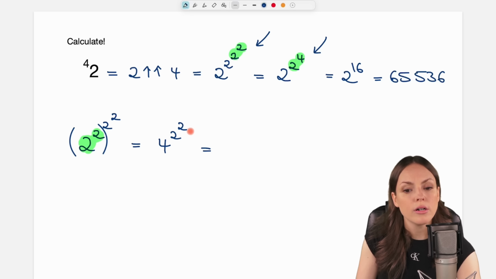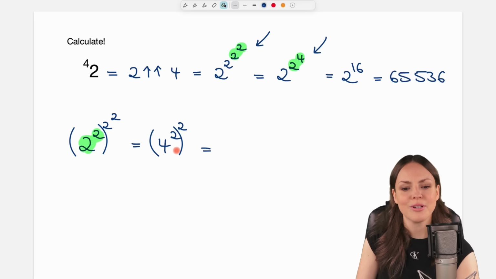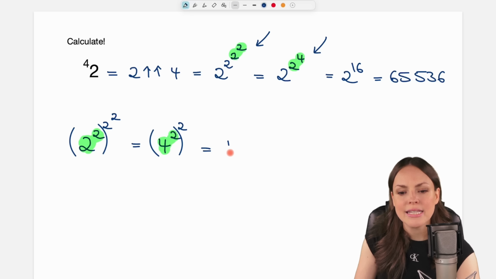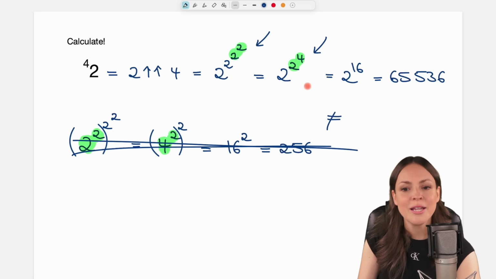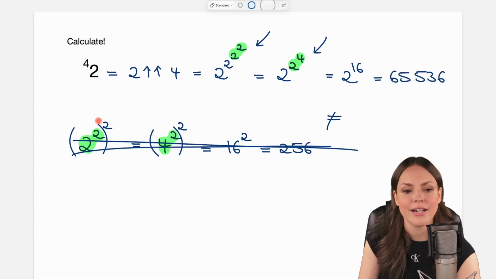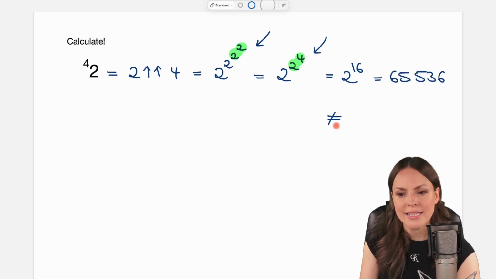Then you have a new power tower, but you started from the left side, so I have parentheses here. I start with 4 to the power of 2, which equals 16, and then I only have all of this raised to the power of 2 left, and 16 squared equals 256. And you can see this is definitely not the same result. So this is not correct. You always have to start from the right side, and it really makes a difference if you don't do this.